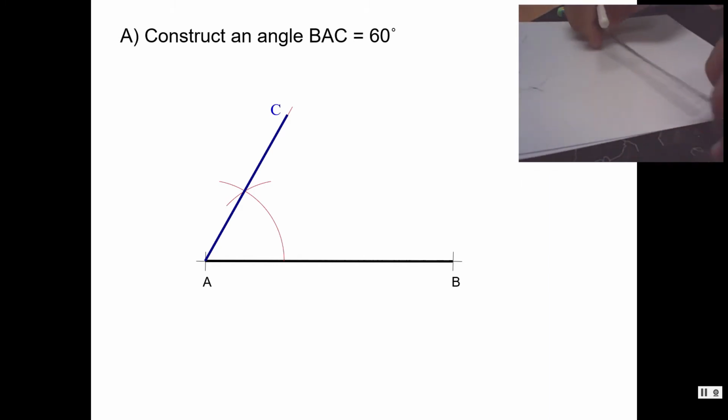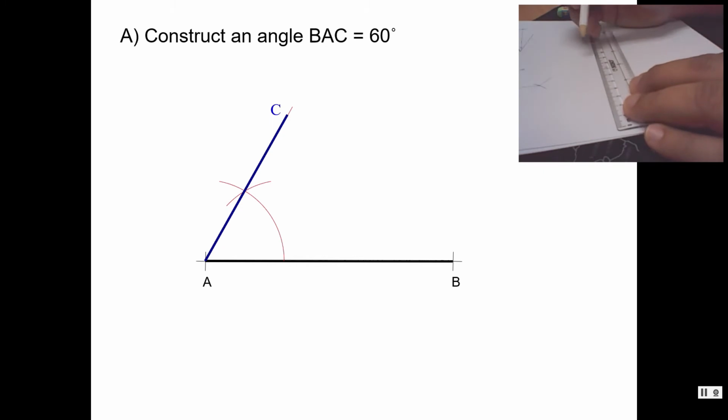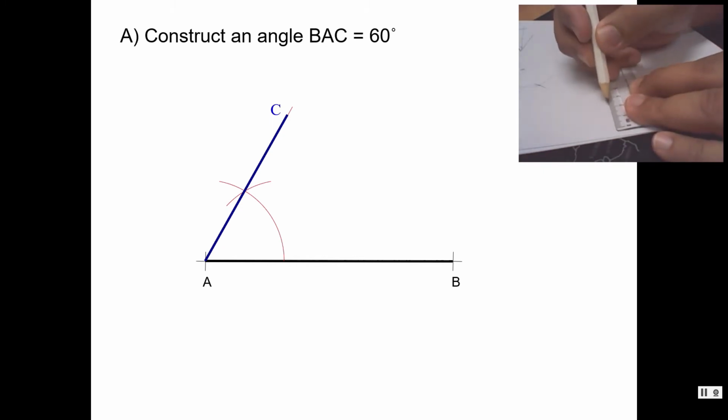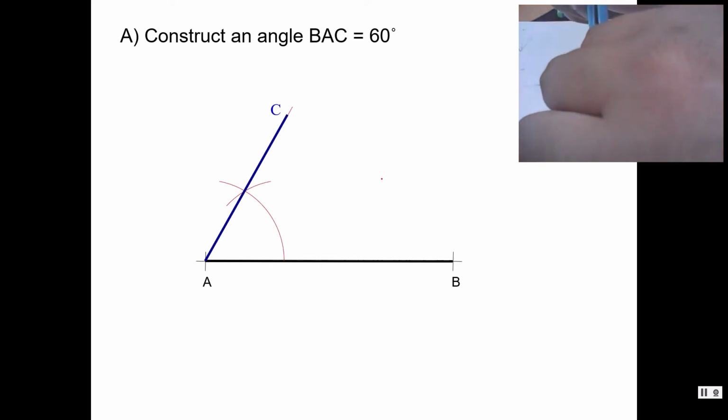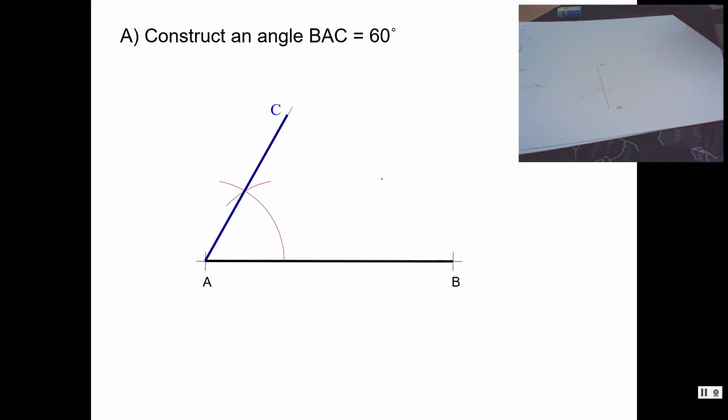You need one straight line, this is A, this is B. The first thing is to draw one circle, no matter what the distance of the compass is, and then from this point you draw another circle.